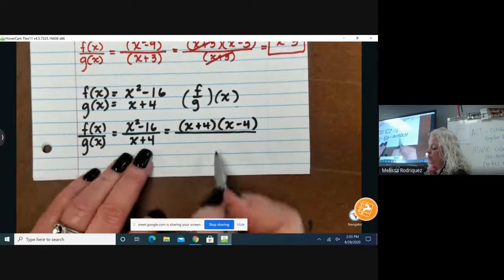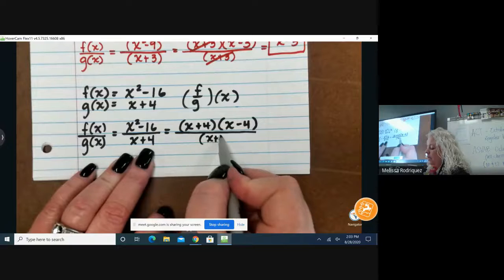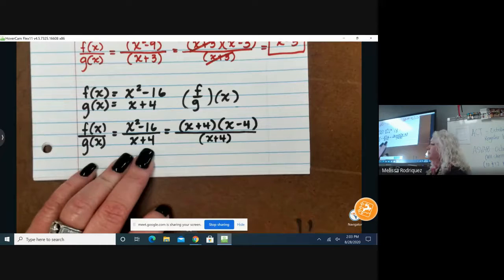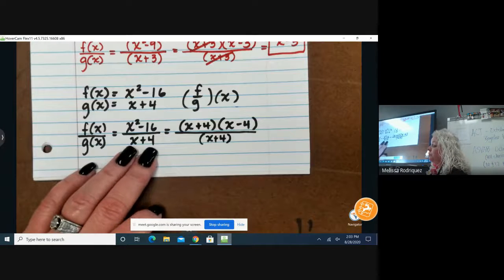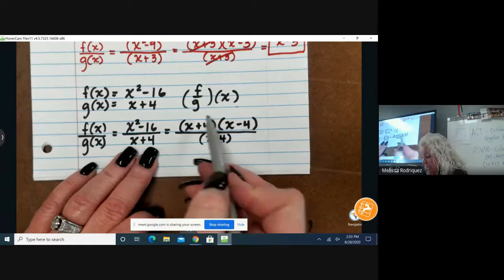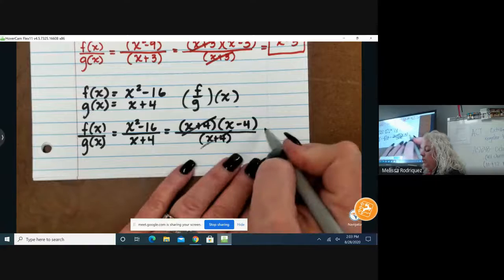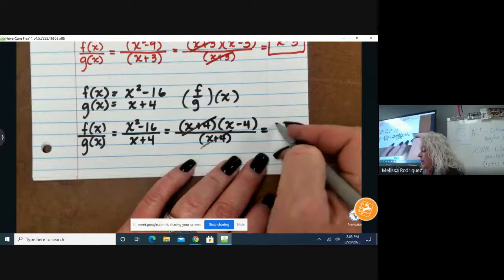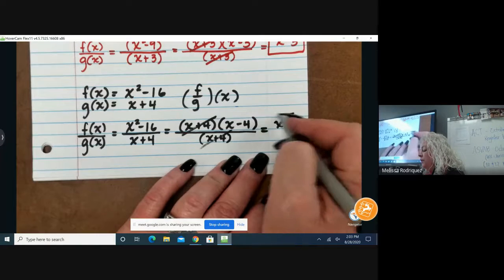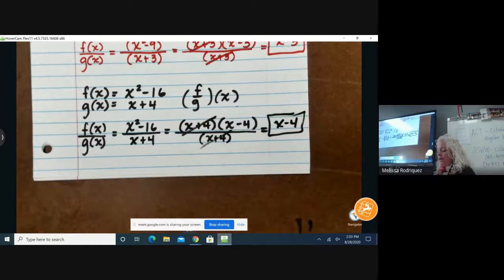And so that goes over x plus 4, right? Cancellation. Is it legal? Yes. I can cancel out my x plus 4. So what is the answer to this division problem? x minus 4. Not too bad, right?